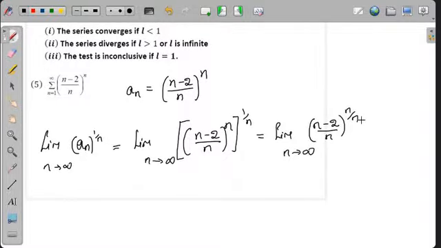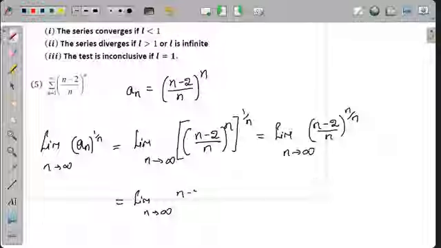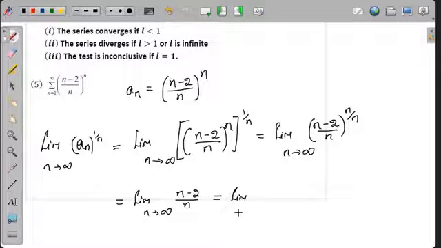So you can cancel n and n, and we are left with limit n goes to infinity of just n minus 2 over n. Yeah, the unlucky thing is here we are getting the limit as 1. You would get it, right? Limit n goes to infinity of 1 minus 2 by n.